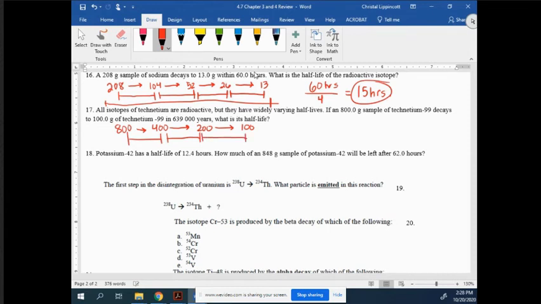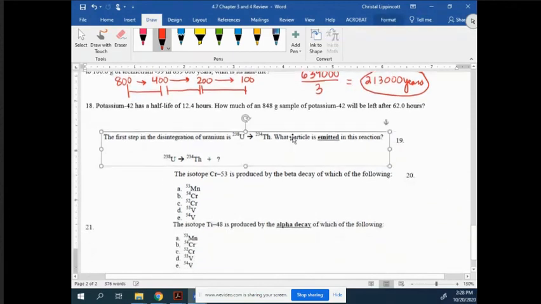So if those divided 3 times, we are going to take this value and divide it by 3. So 639,000 divided by 3 equals 213,000, and that's going to be years. And that would be our final answer.